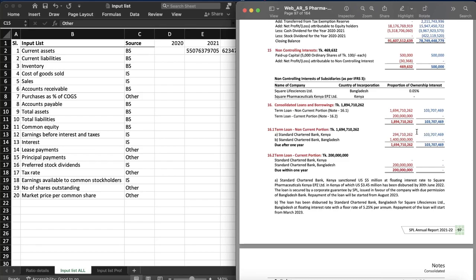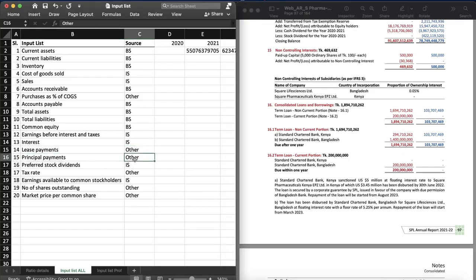Sometimes the loan amount will decrease. So in that case, let's say there is an amount here, but there is zero here for a particular bank. So you can understand that they have repaid the principal, and that will be the principal repayment here.